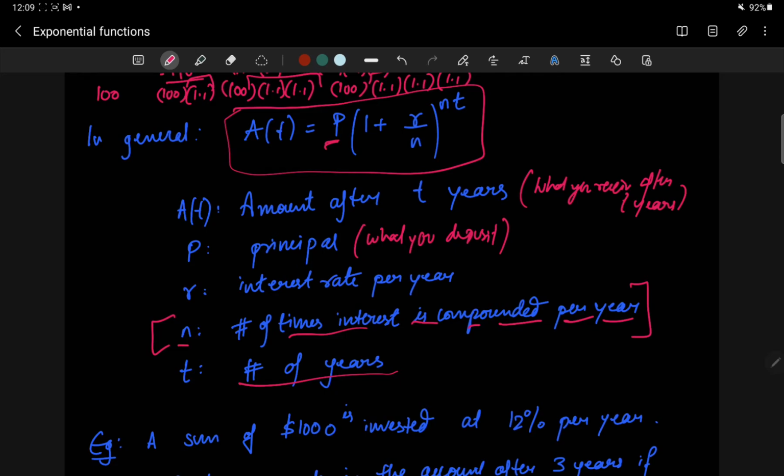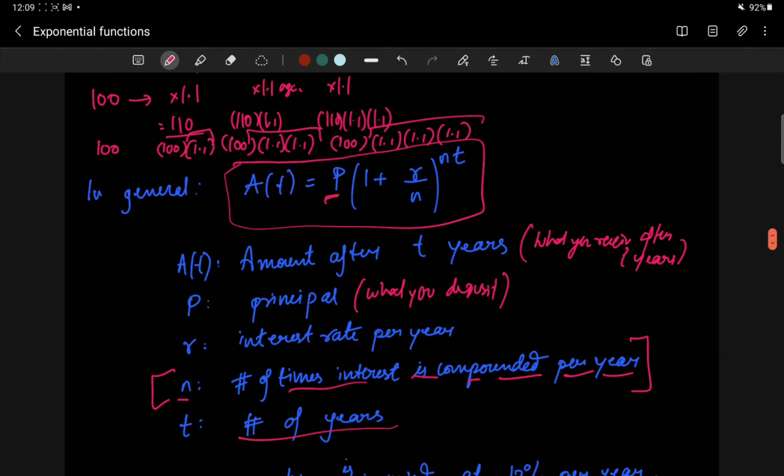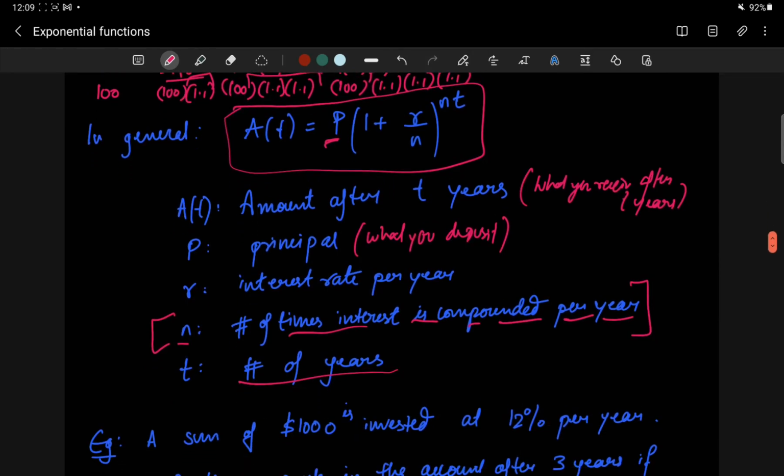Now there are various options you have in this compounding, right? This process of changing your amount on which your interest applies, it's a discrete process, meaning it happens at one instant, right? So that instant needs to be chosen. Now there are multiple ways in which this can be done, right?